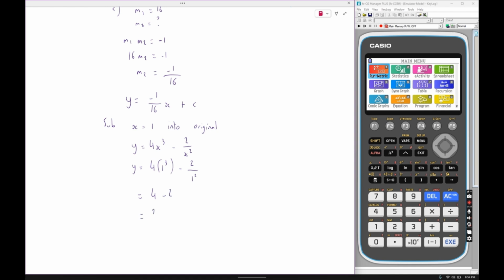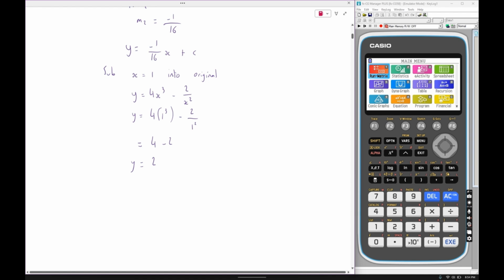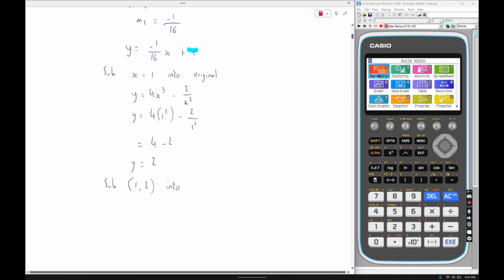So 4 minus 2 is 2. So what do we know? We know that when x is 1, y is 2. So now let's sub the coordinate when x is 1, y is 2 into my equation up here, for us trying to figure out the normal.